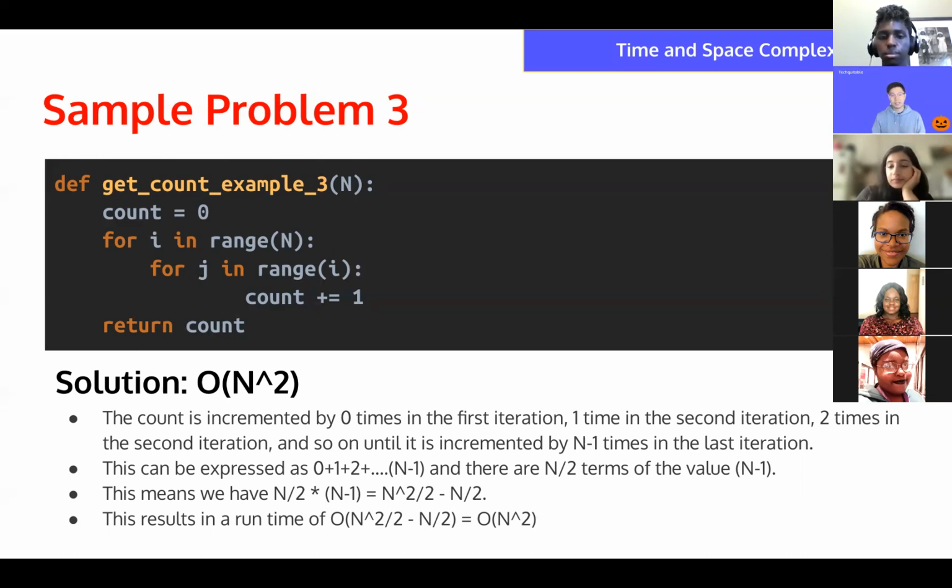So then we multiply them together, and what we have is n squared over 2 minus n over 2. And then finally, to represent this as a big O runtime, once again, you drop all the lower order terms. So in the end, you still focus on this n squared term.